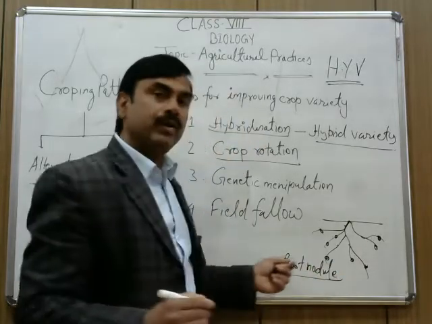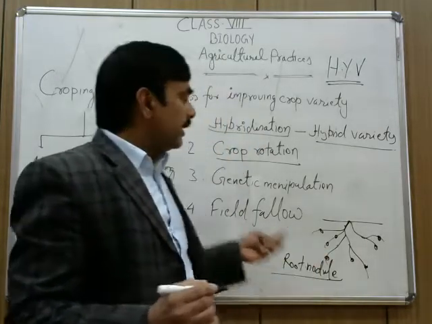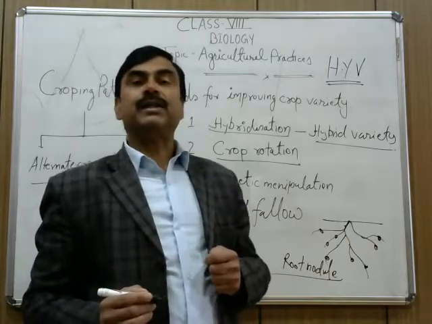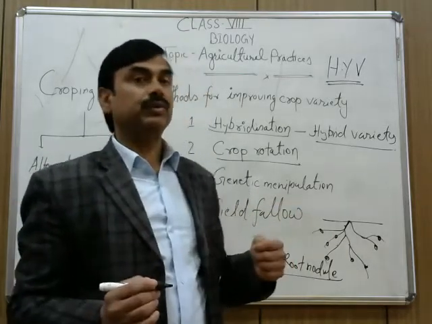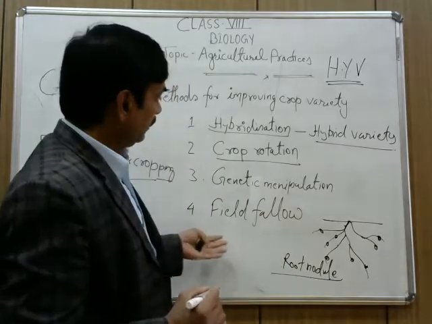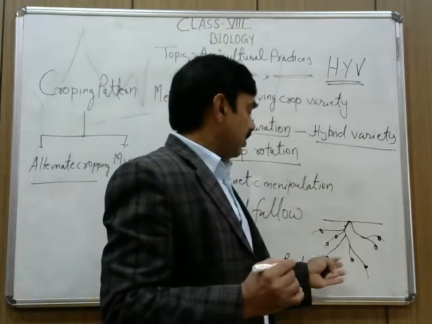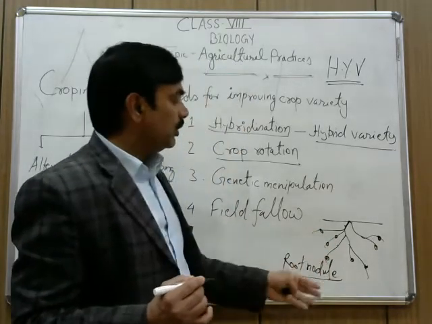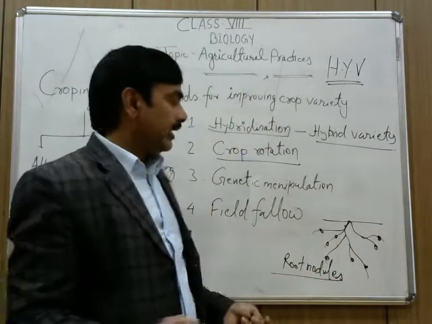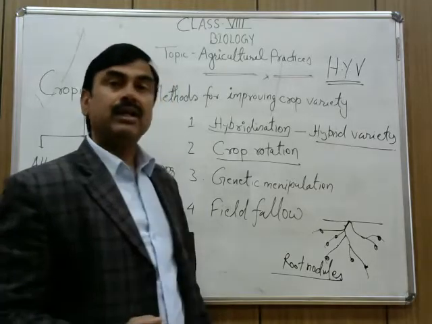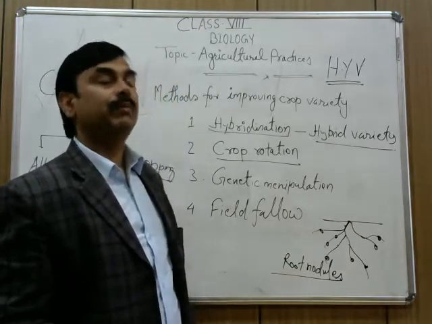When we are adopting the crop rotation, a pulse family crop is grown after 2-3 years, and these crops have root nodules. And what is special in the root nodules is that they contain rhizobium bacteria.